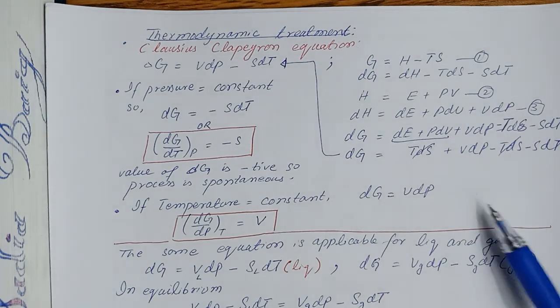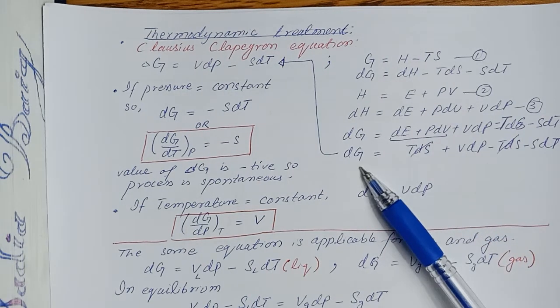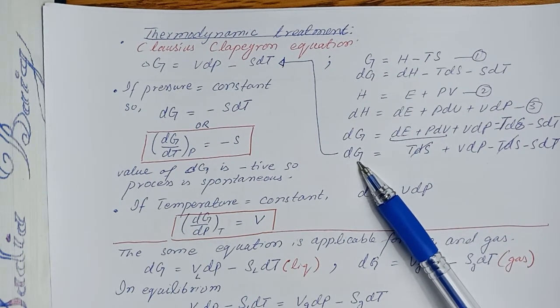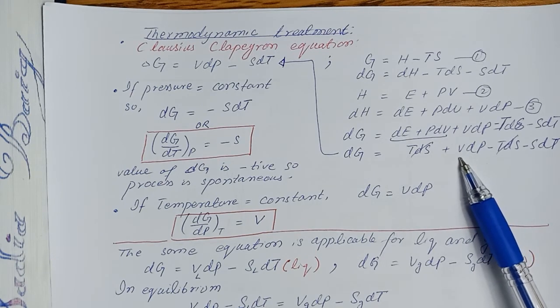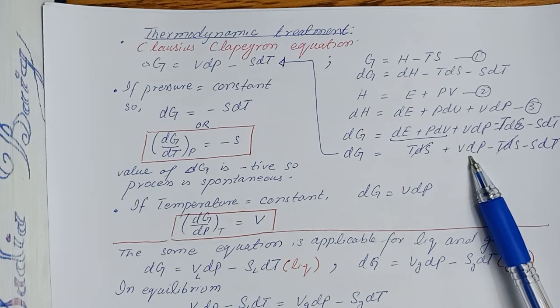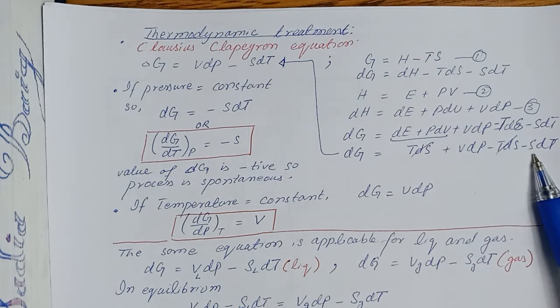So in this way we get the equation, that the Gibbs free energy change is expressed in terms of V delta P and S delta T.